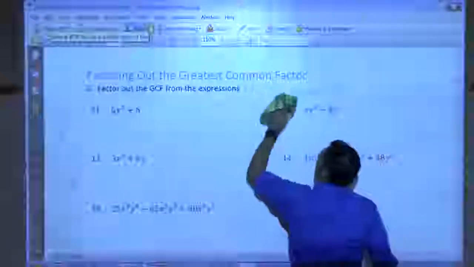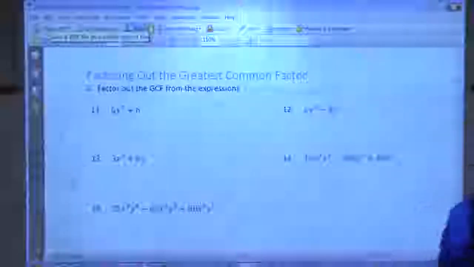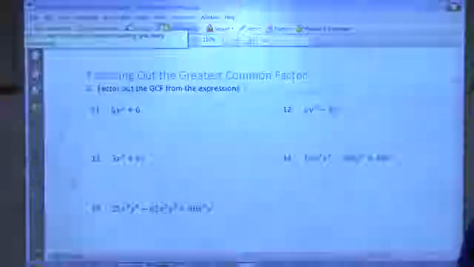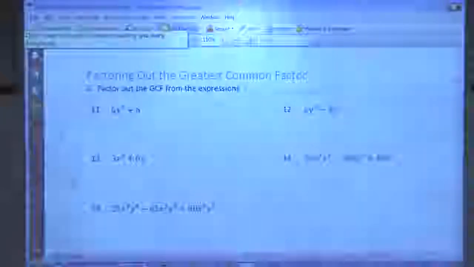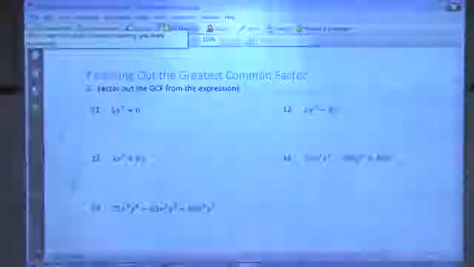So we stopped. We had this picture here. Okay, so we need to talk about factoring. Factoring is one of those things that always causes students trouble. And when it comes to factoring, there's a set of steps to factor something.